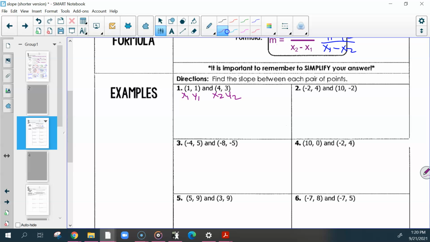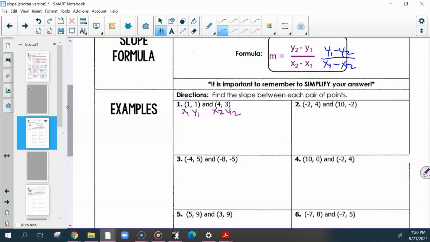Once I've labeled them, I use those to put in my formula. The formula says y2, so look at that, it's 3. I'm subtracting y1, which is 1, and then x2, which is 4, and I'm subtracting x1, which is 1. Then I subtract and simplify.